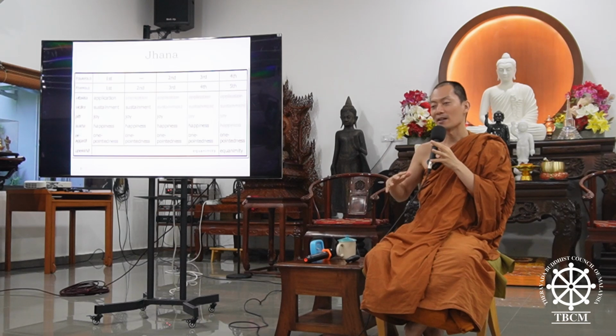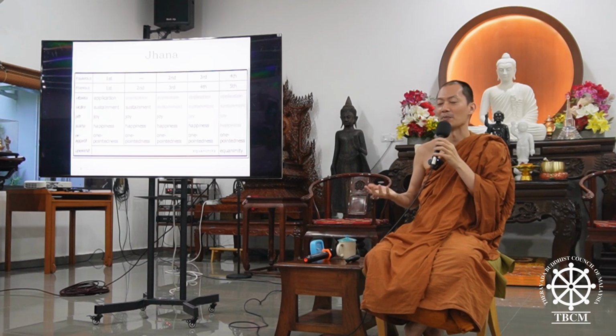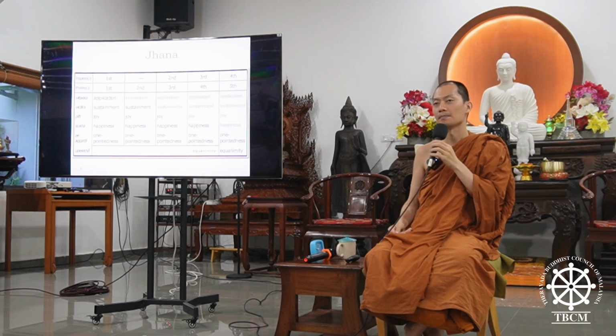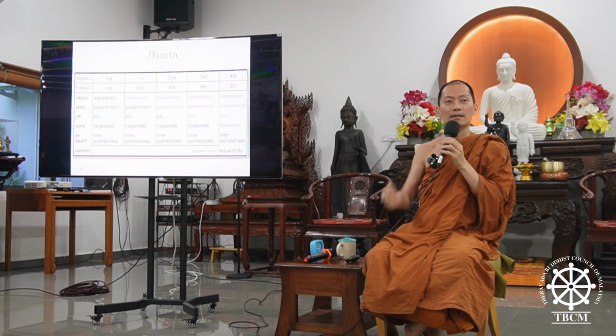If you are at baseline, what factor is there to drop? No factor to drop. So you need to release the mind first. Then the same thing: once the mind is calm, release the mind again, and you go to the second.